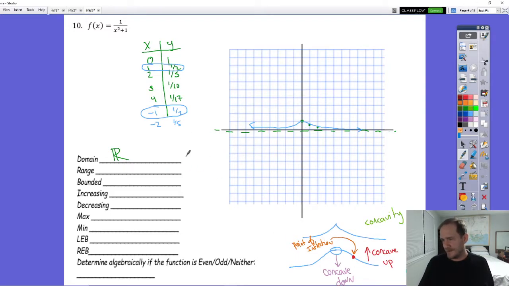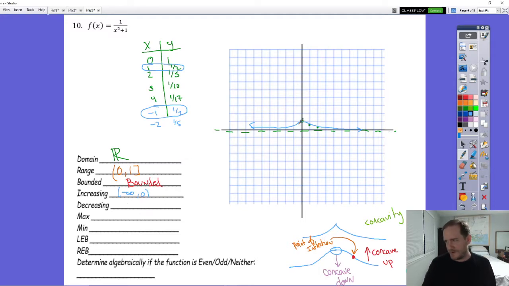We've got our graph now, so the rest of this should be cake. What's our range? We see it's 0 to 1, but we do not get the 0. Oops. We do not get the 0, but we do get the 1. So it's going to be soft bracket, hard bracket. For boundedness, we are bound below by the asymptote, and we are bound above by this maximum value at 1, so we are bounded. We have a left-hand side that increases, so that's negative infinity to 0.